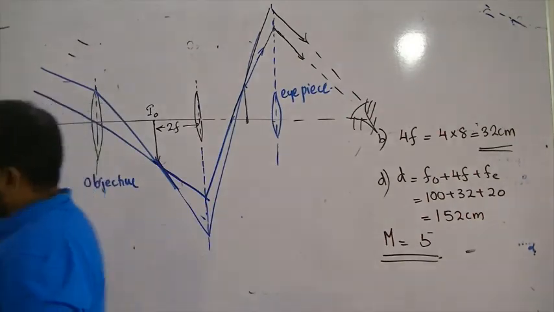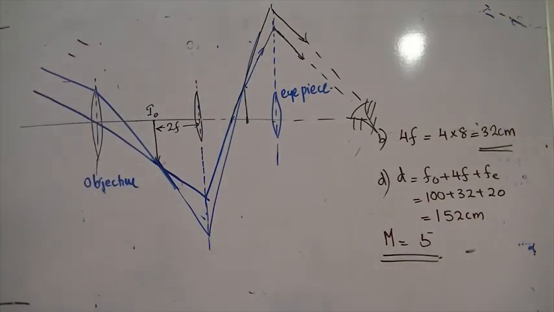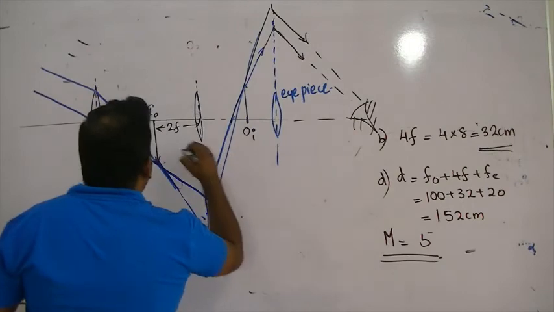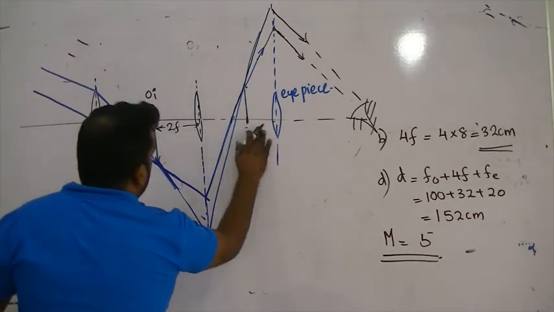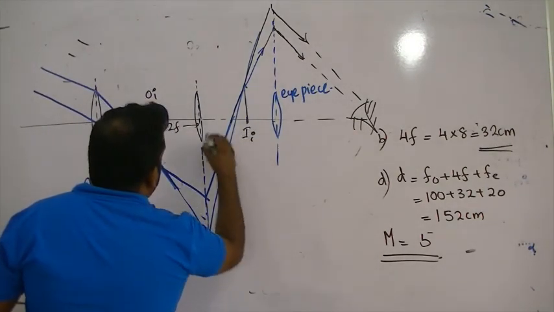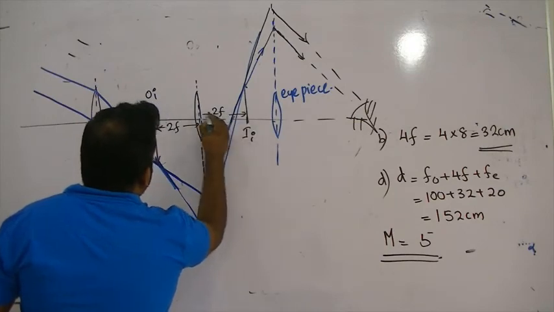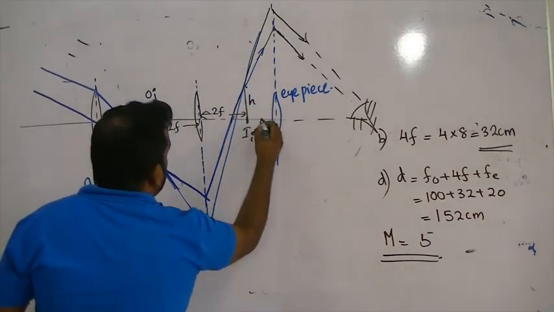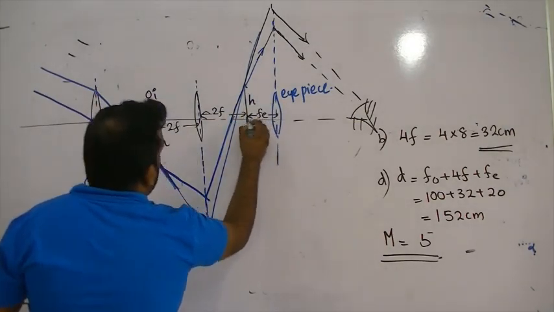Seems like to come from infinity. So if that is 2f, object of intermediate, image of intermediate, 2f. This is h, this is h. This is the focal length of the eyepiece.